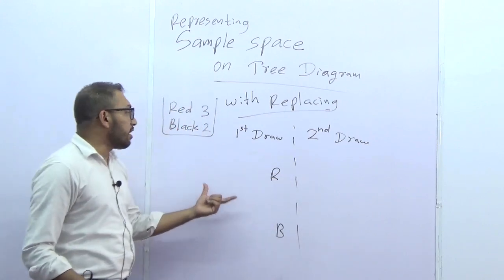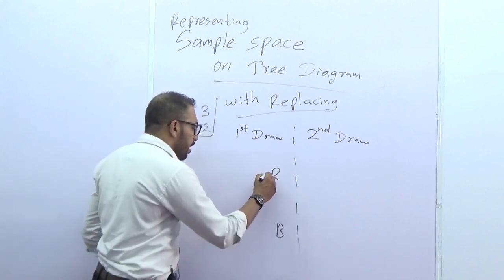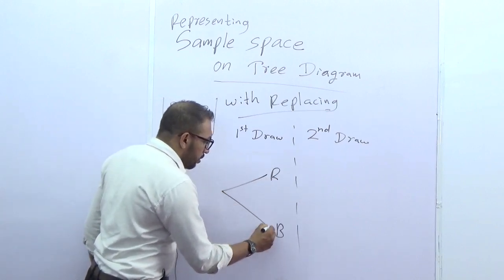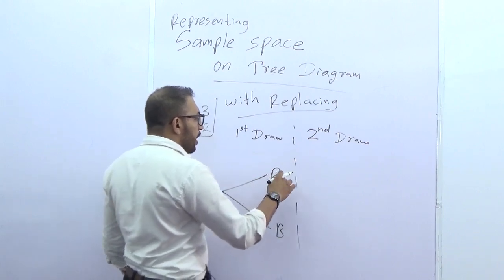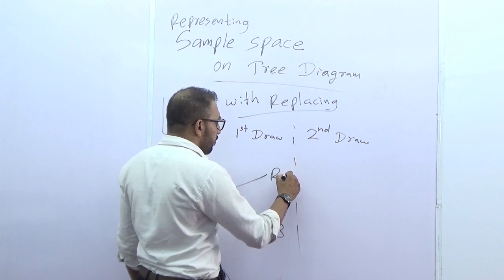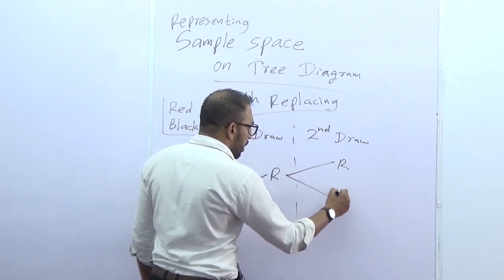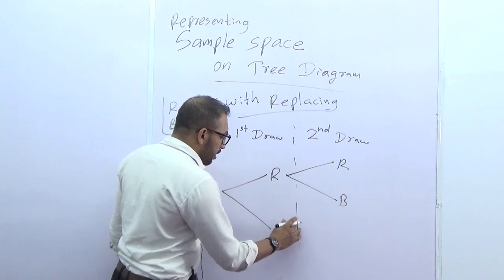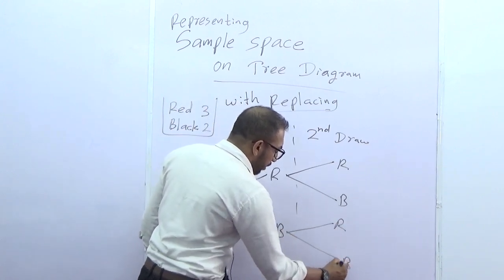Same as the grid, we do not need to write red 1, red 2, red 3, just red and black is enough. So 2 branches come like this. Apart from that, there is the second row also. From this red, the first time red, second time red and second time black. With the first time black, again second time red, second time black.